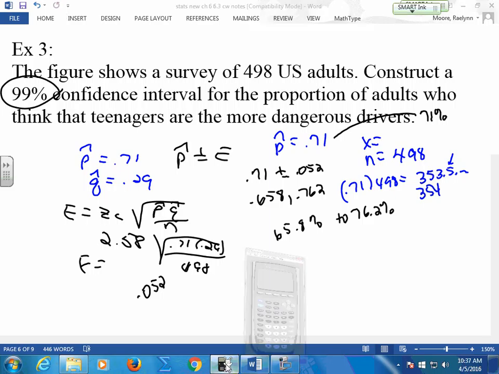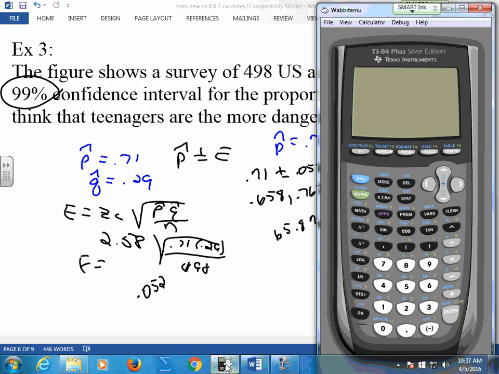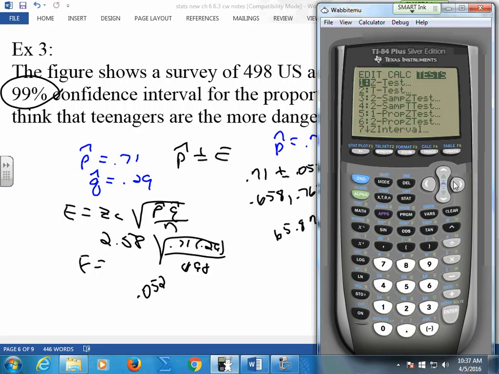So let's put this on your calculator. So, stat, test. Now I'm looking for a proportion that uses a Z interval. There I am. X, what did you say X was? 355? Yeah, good. N was 498?